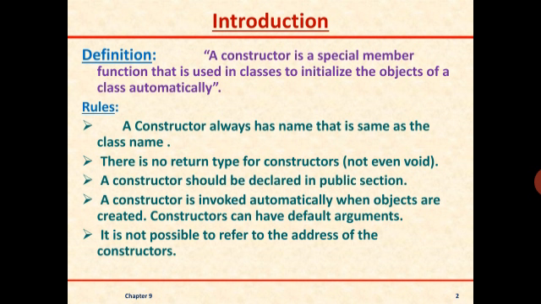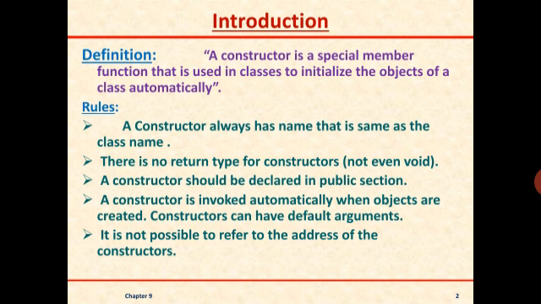Next rule states that the constructor is invoked automatically when the objects are created. It means that the constructor is going to have a default set of arguments. Arguments are nothing but the variables which will be holding the values. Next rule states that it is not possible to refer to the address of the constructor.